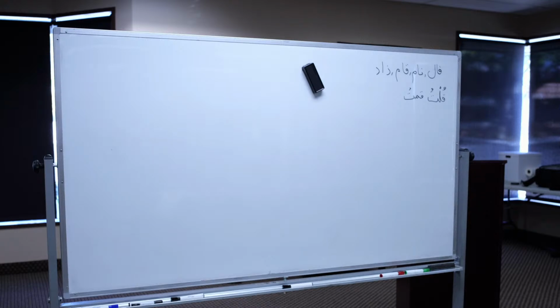So كانت corresponds to the first verb in our list, kana. But here we're doing it as kanat, so it's going to be feminine. Likewise, in our first ayah, وَسُيِّرَتِ الْجِبَالُ فَكَانَتْ سَرَابًا. So that's how it's going to work.